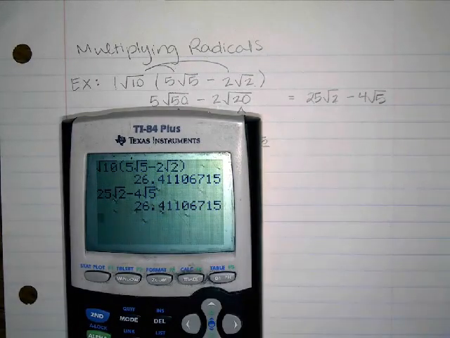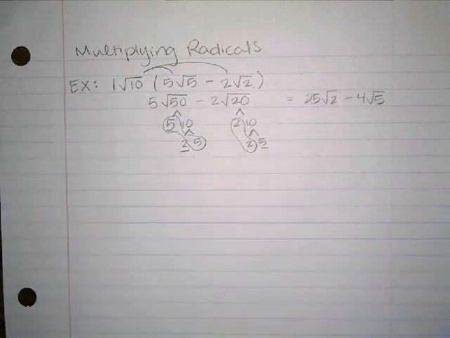Decimals are the same, so we can feel good about that. It doesn't mean necessarily that we perfectly simplified it, but it does mean that we didn't invent numbers that shouldn't be there. Cool. All right, let's try another one.